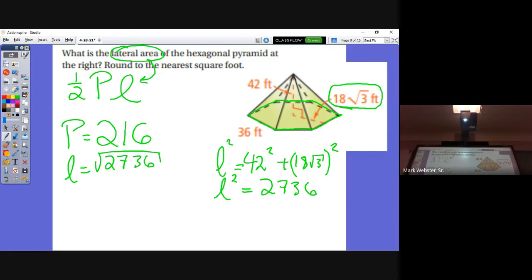Oh, yeah, that's how you're supposed to do it. As soon as you put them right there, it fixes itself. Now let's finish this problem. So then from here, it's just 1/2 times that, right? The 1/2 times 216 times this thing. And just put it in the calculator, and what do you get?